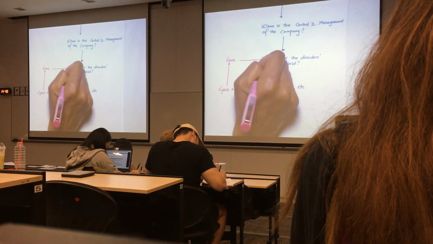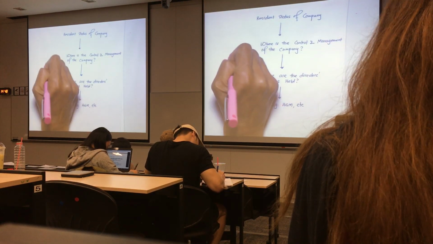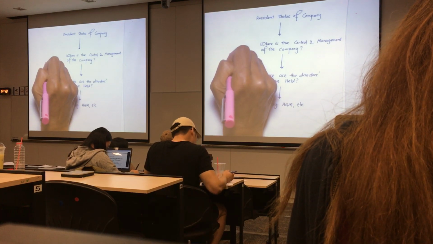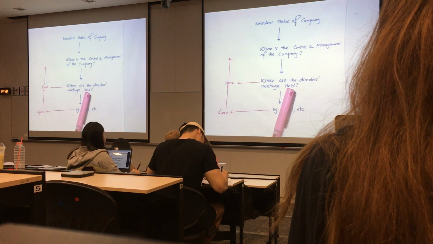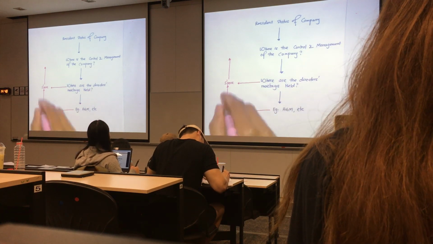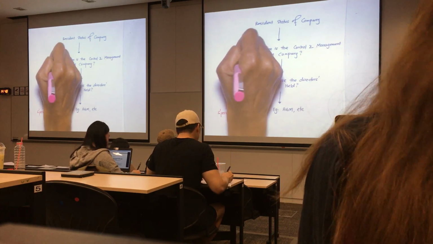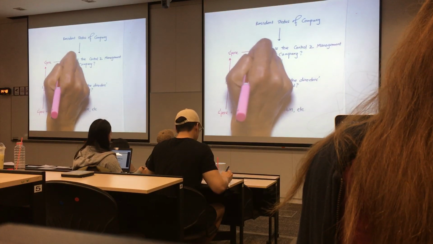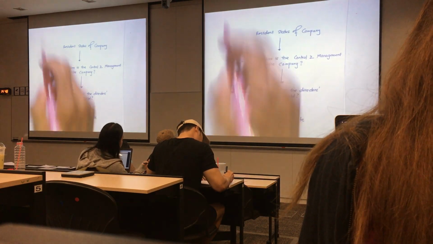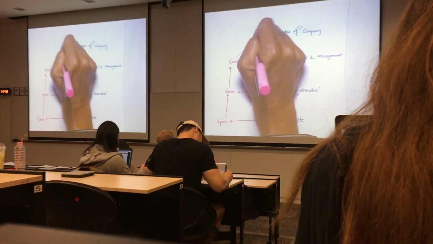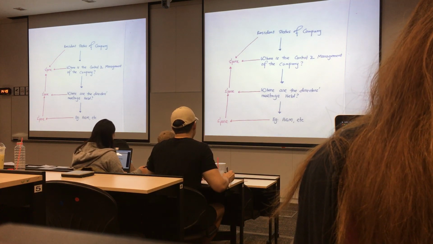So once you know that the directors' meetings are held in Singapore, that brings you to the next level, which is to determine where the control is. The minute you know from the question that directors' meetings are held in Singapore, that means control and management of the company is in Singapore. And once you say the control and management of the company is in Singapore, that means the company is resident in Singapore.